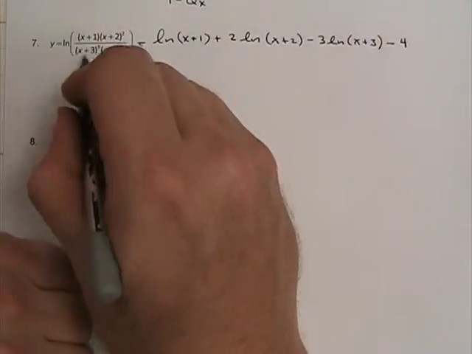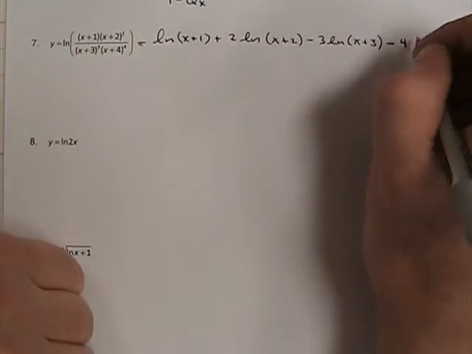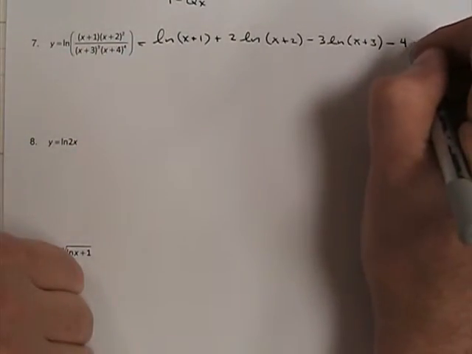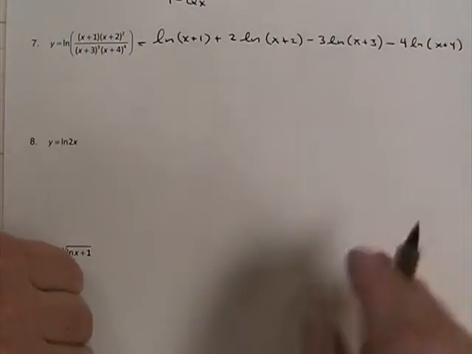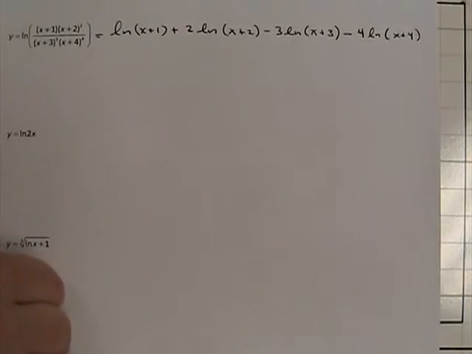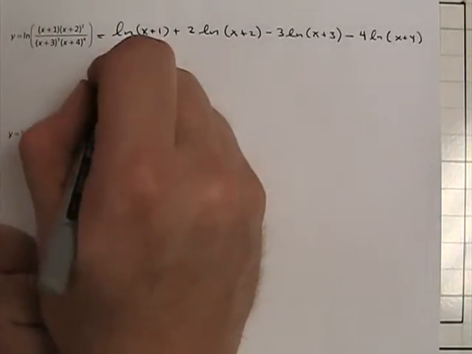Of course, remember how these are grouped together, you have to distribute that negative sign. If I would have done this piece by piece, it probably would have been a little bit clearer. Okay, so now that whole thing's broken down with logarithms, and now the derivative becomes pretty easy.